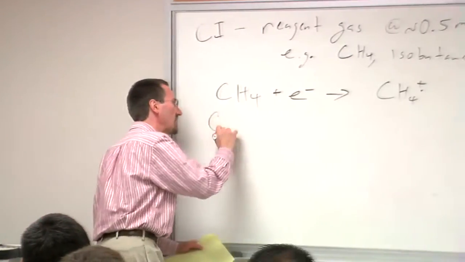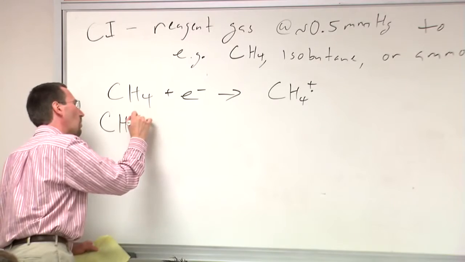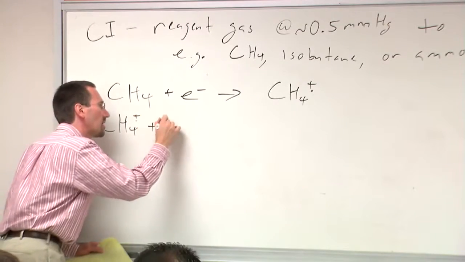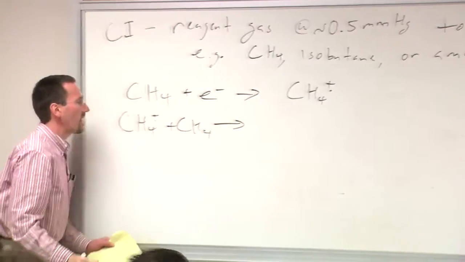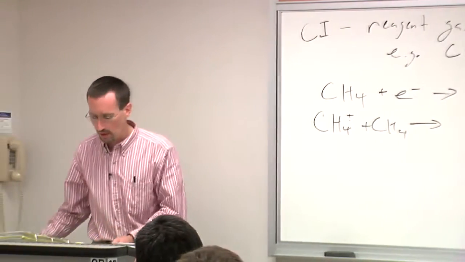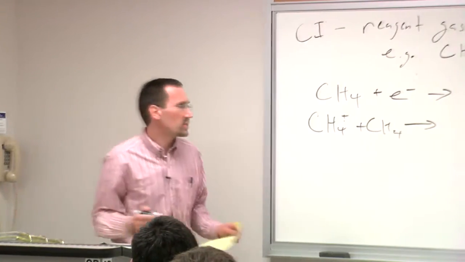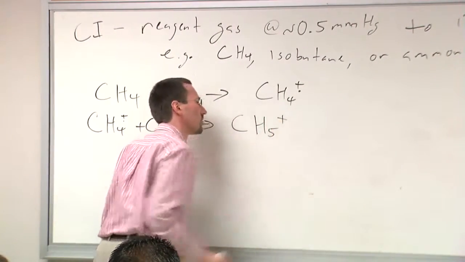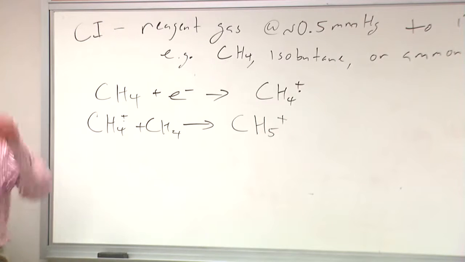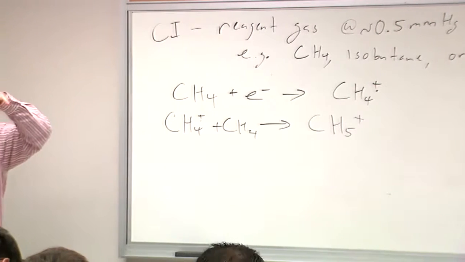In the gas phase, when CH4+• collides with another methane molecule, you transfer a hydrogen, and so you get CH5+, protonated methane. In other words, you basically glommed a proton onto the methane structure.